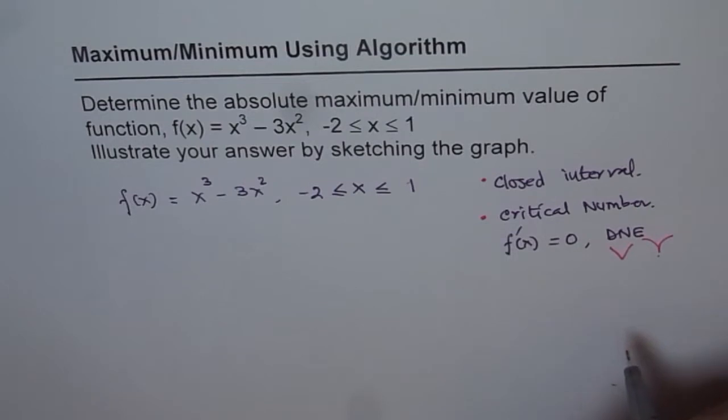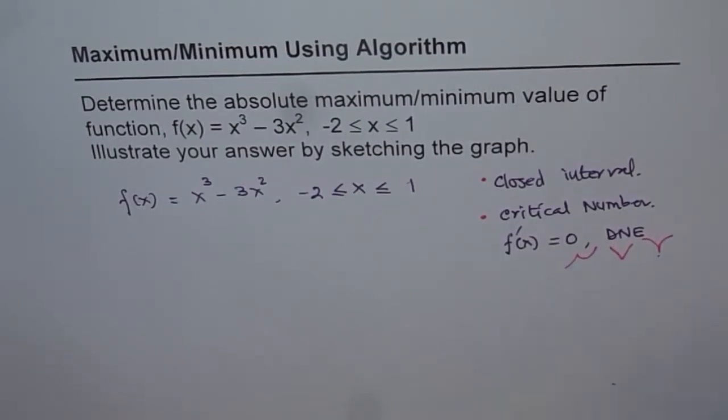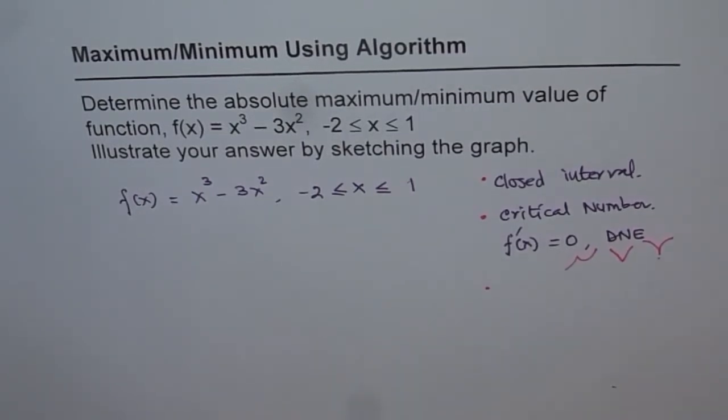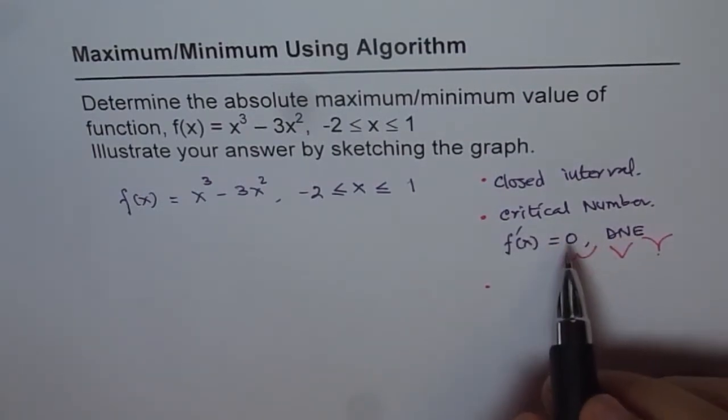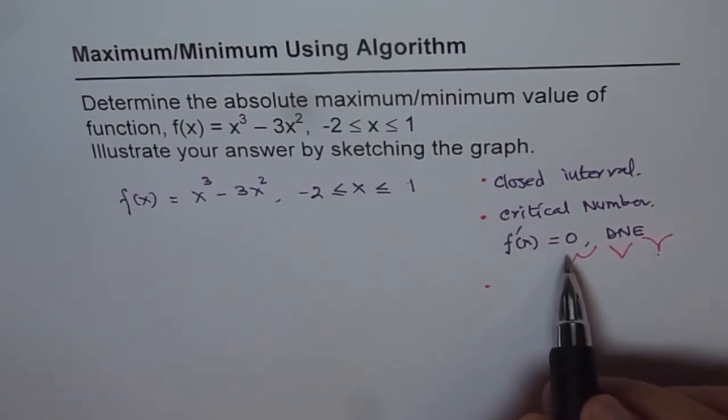There also we will have an absolute maximum or minimum, for example, like this, right? In those cases, we would not be able to apply this definition if we omit that part. So we will keep this for the time being, and you can discuss with your teacher in case there is ambiguity. But a critical number for me is where the derivative is either 0 or does not exist.